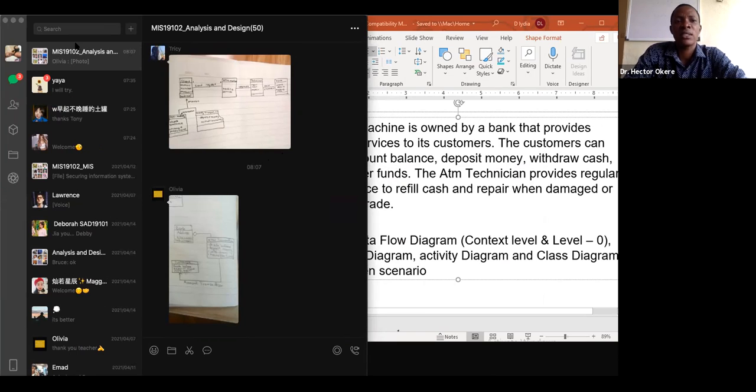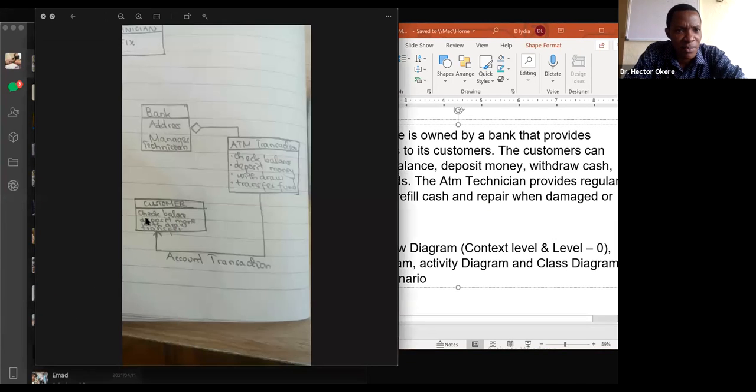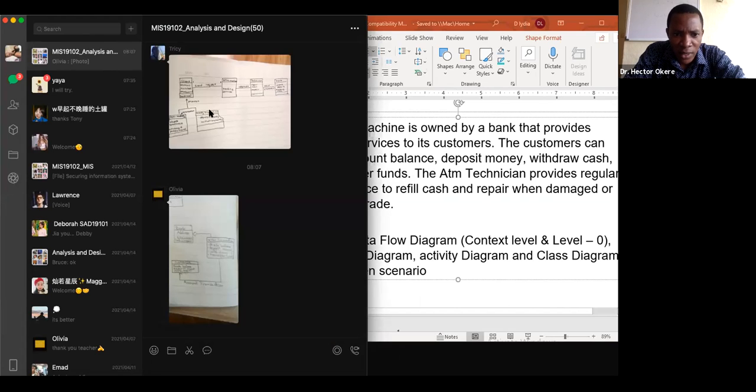Okay, so far, I think Ahmad has been the one that has given me the closest thing I'm looking for, but still not what I want. Who else wants to share their diagram before I share mine?